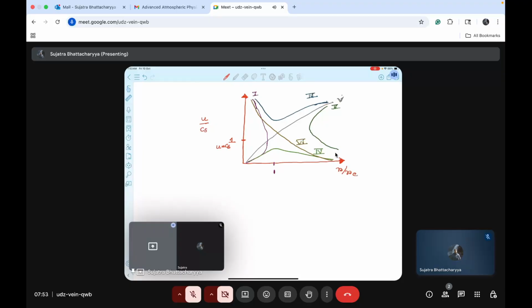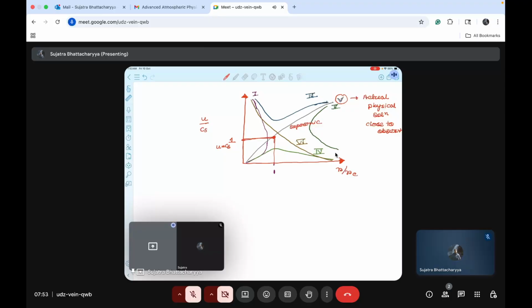Five is the actual physical solution, close to observation, because you can see that it is accelerating. Initially it has a lower velocity, at r equal to rc, u becomes equal to cs, and then it accelerates further. It becomes supersonic.